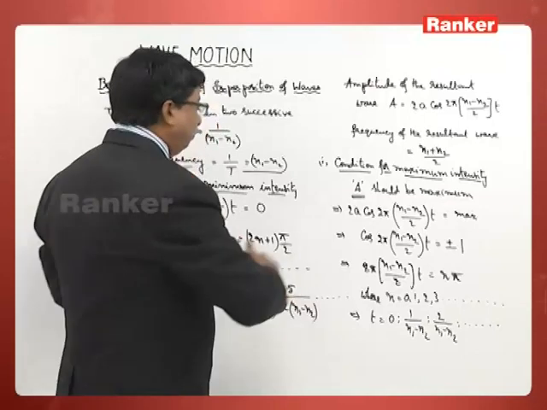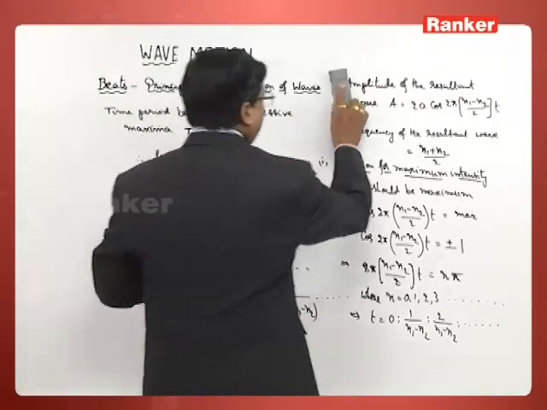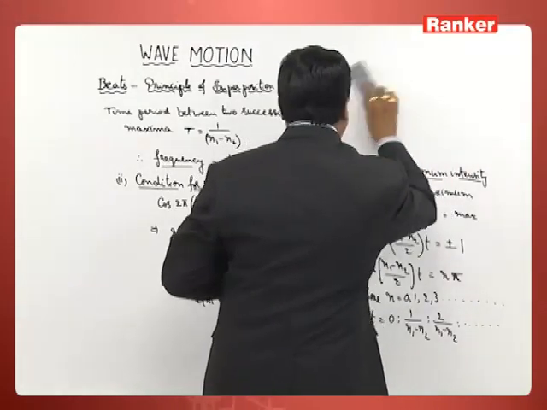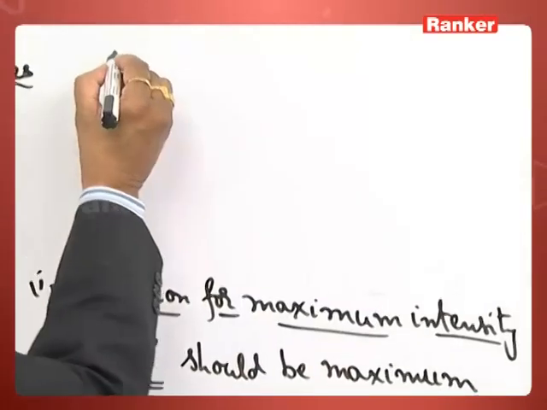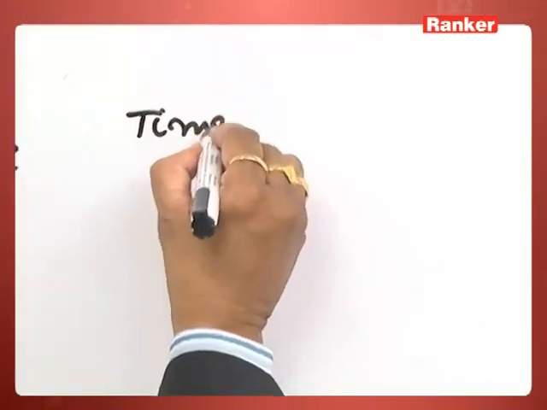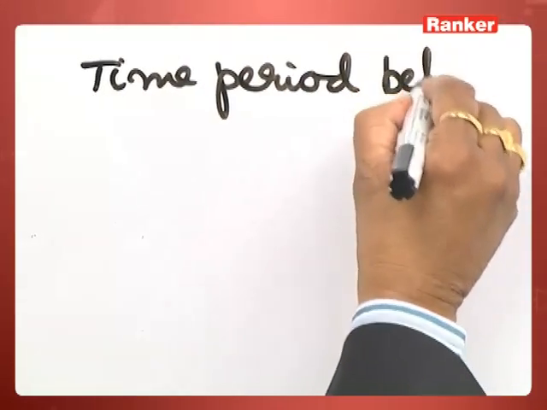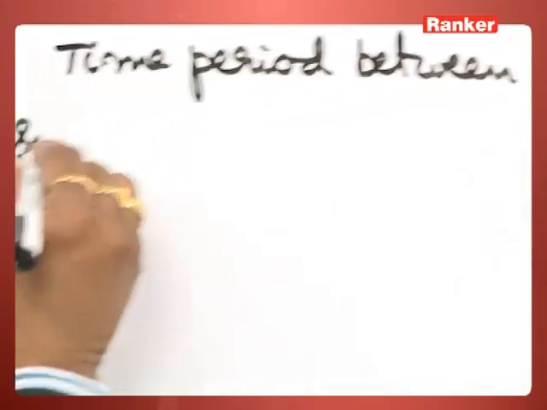So what exactly are we going to get here? You just look at it. You can now find the time period between two successive minima.